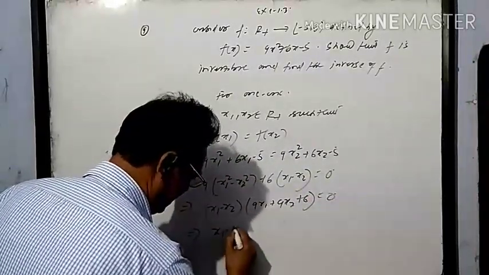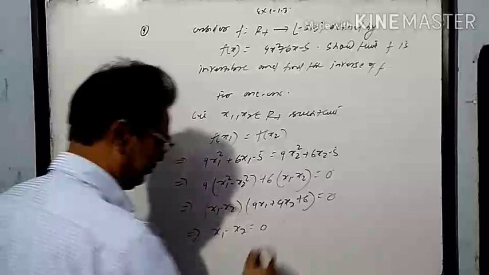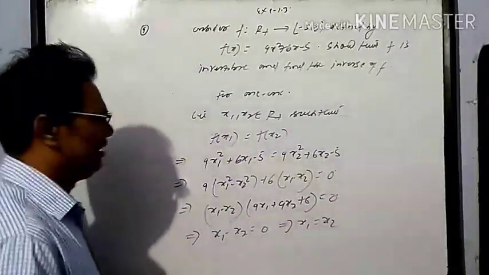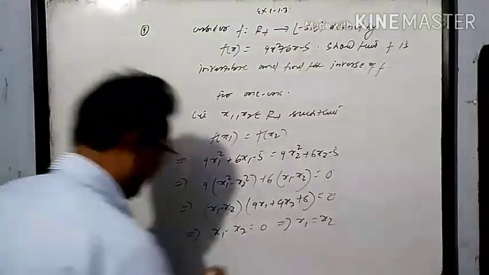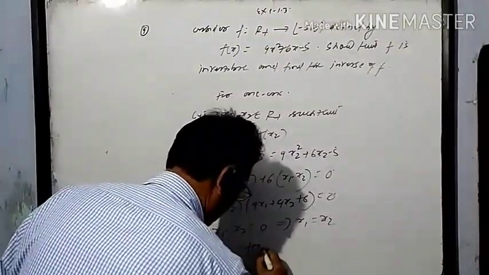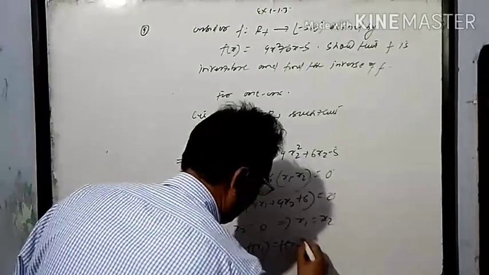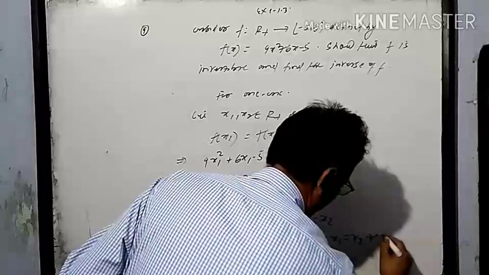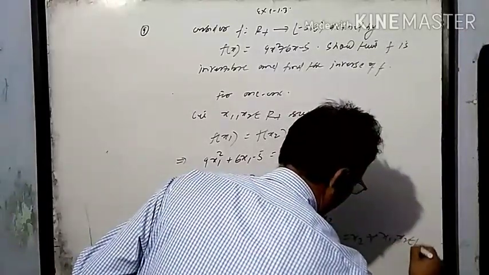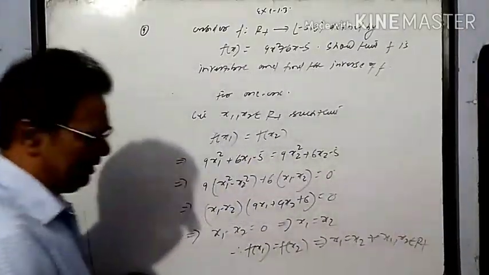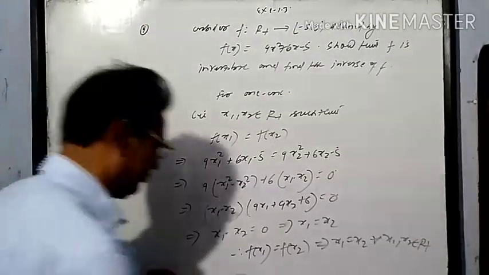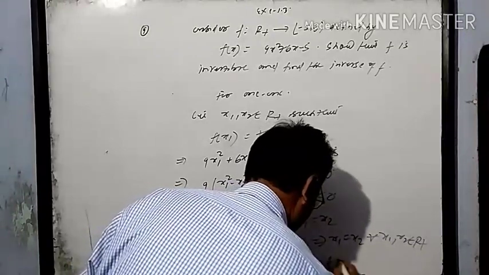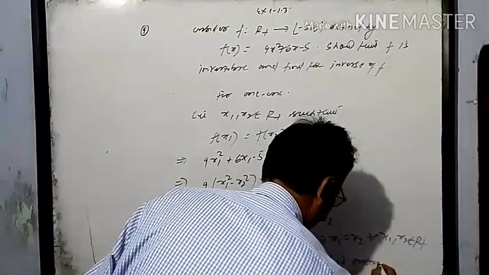This implies that x1 = x2. Therefore, f(x1) = f(x2) implies x1 = x2 for all x1, x2 belonging to R plus. Therefore, function f is one-one.